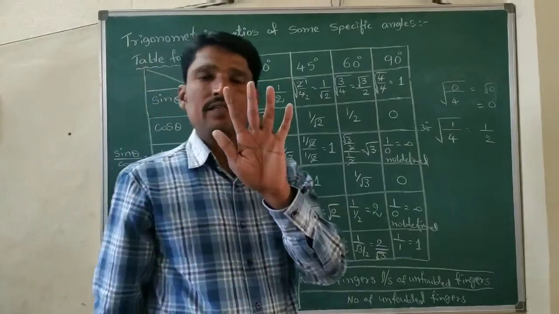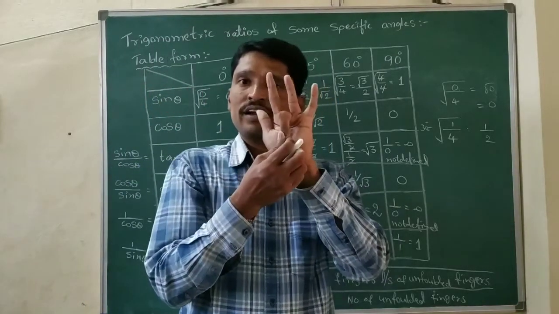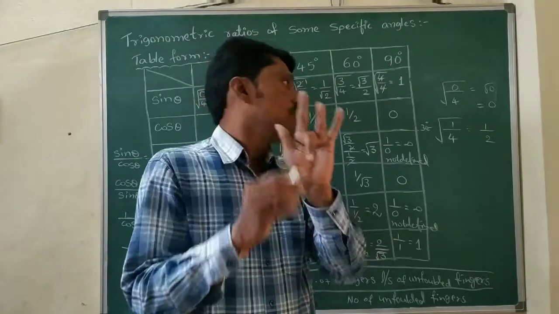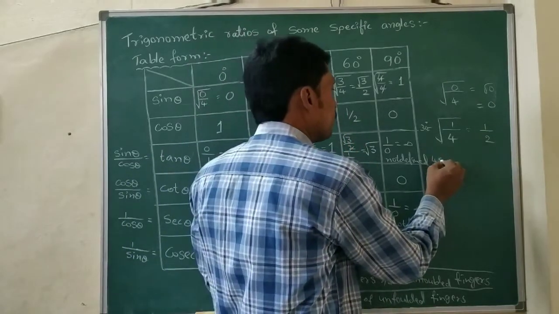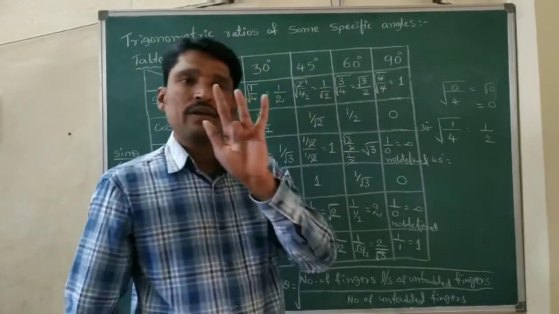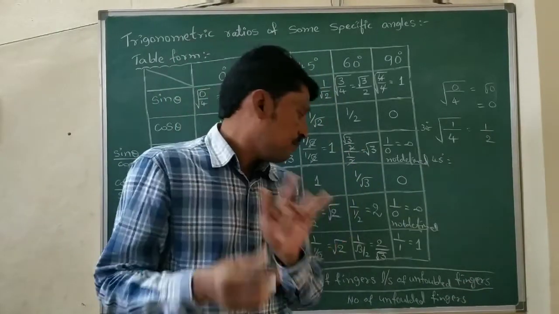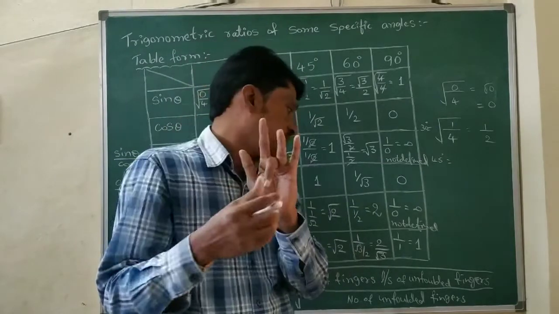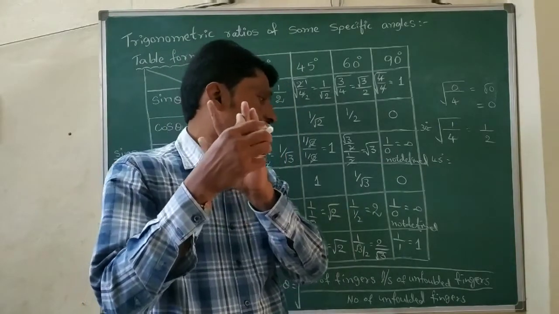Next, 45 degrees. This is 45 degrees. Number of fingers on the left side of the unfolded finger.